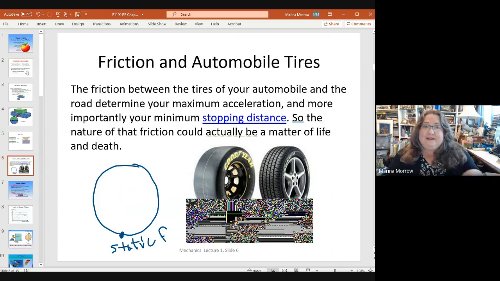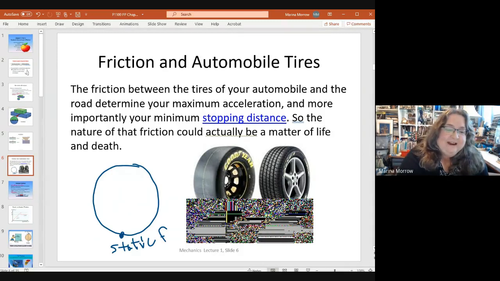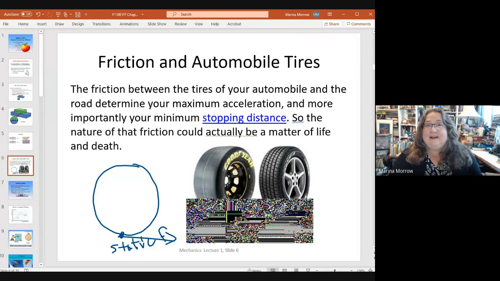So if it's rolling or still, then that point is static friction. And so that's why it's dangerous when you get in water or ice, or if you jam on your brakes so they lock. What happens is that instead of static friction, the wheel starts to slide along. Well, then it's kinetic friction or sliding friction, and that's less. So you get less control of your car if you lock your brakes.